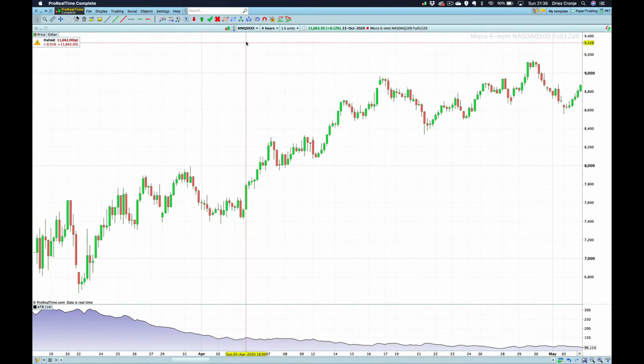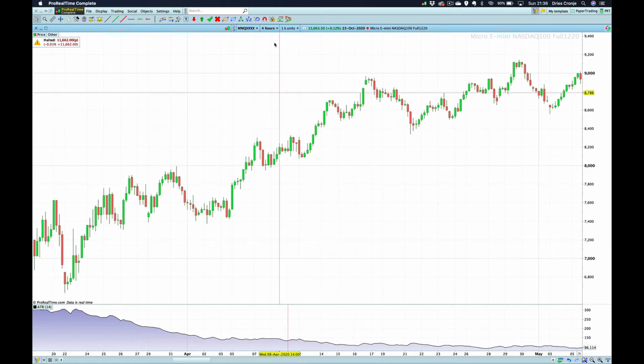So what we have here is the MNQ, or the Nasdaq E-mini or micro E-mini Nasdaq 100 stock index future, and this is the 4-hour chart. So many years ago, I read a trading book. I can't even remember what the name was.